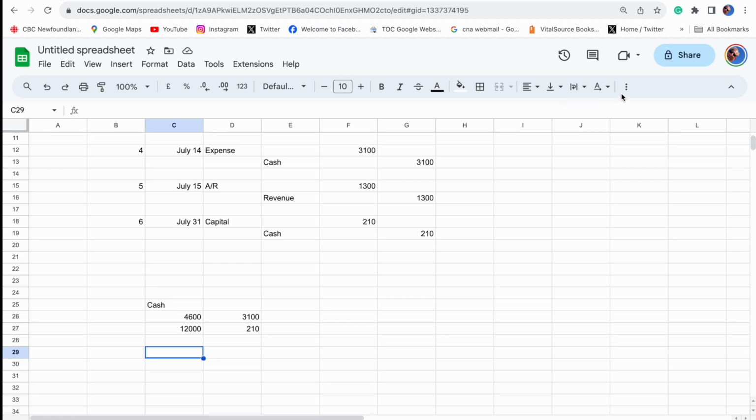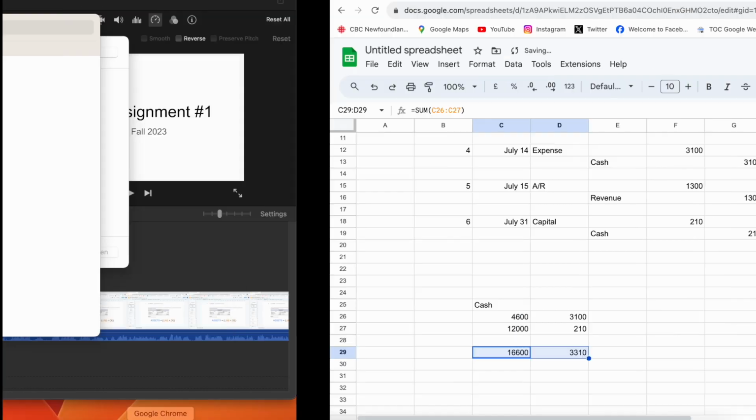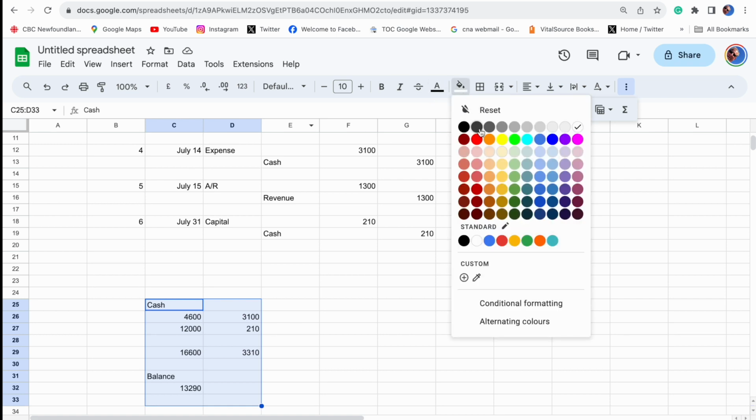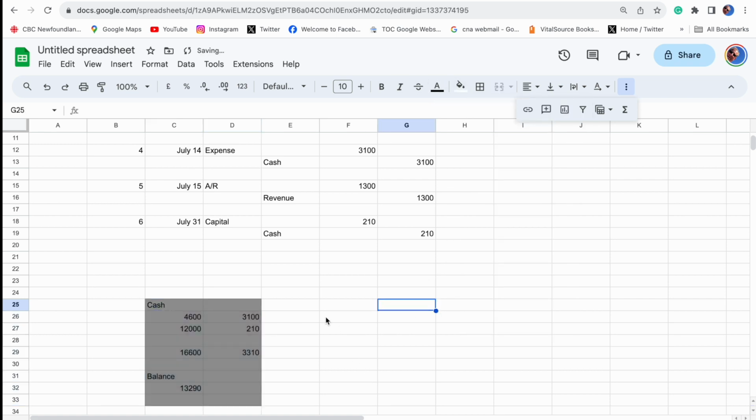If we add these up, there was 16,600 coming in, 3,310 going out. So the balance on that account would be 13,290. The difference between those will be 13,290. So there's the cash ledger. That's what it will look like when it's all done.